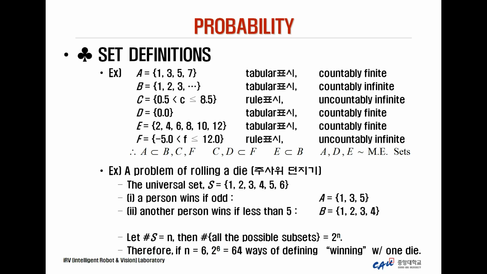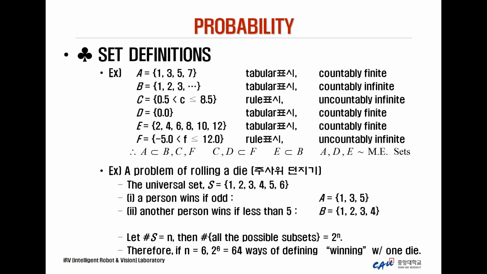The set B has infinite elements, 1, 2, 3, 4, 5, etc. This is in the tabular method, and the set B is countably infinite. Set C, the element small c is greater than 0.5 and less than or equal to 8.5. This is in the rule method, and set C is uncountably infinite.